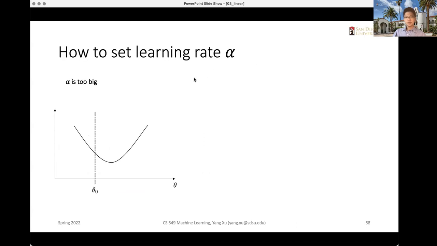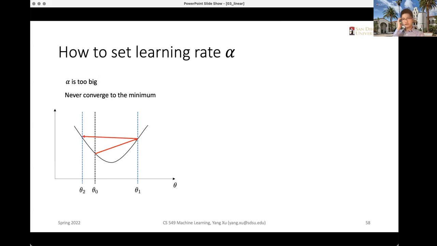Okay. So a simple demo of a proper learning rate alpha: we don't want alpha to be too big. Using the same example here, if we start with the initial position theta 0 and the next update becomes theta 1, if alpha is too big, then theta 1 would, on the contrary, get farther away from the minimal point, and the next step would be even farther away.